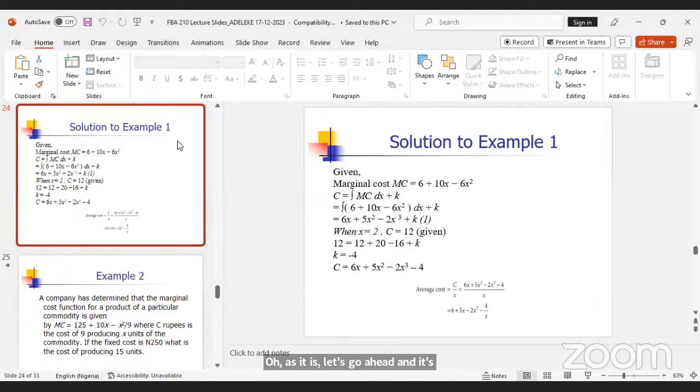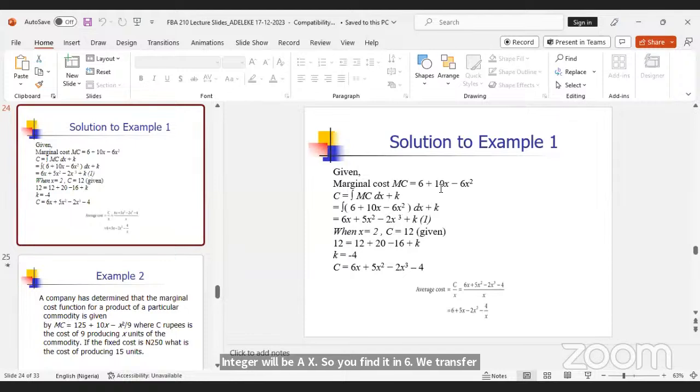So that means you can integrate 6. You know, 6 is a constant. Remember the very first table, that if you are integrating a with respect to x, the integral will be ax. So if you're integrating 6 with respect to x, it will give us 6x.